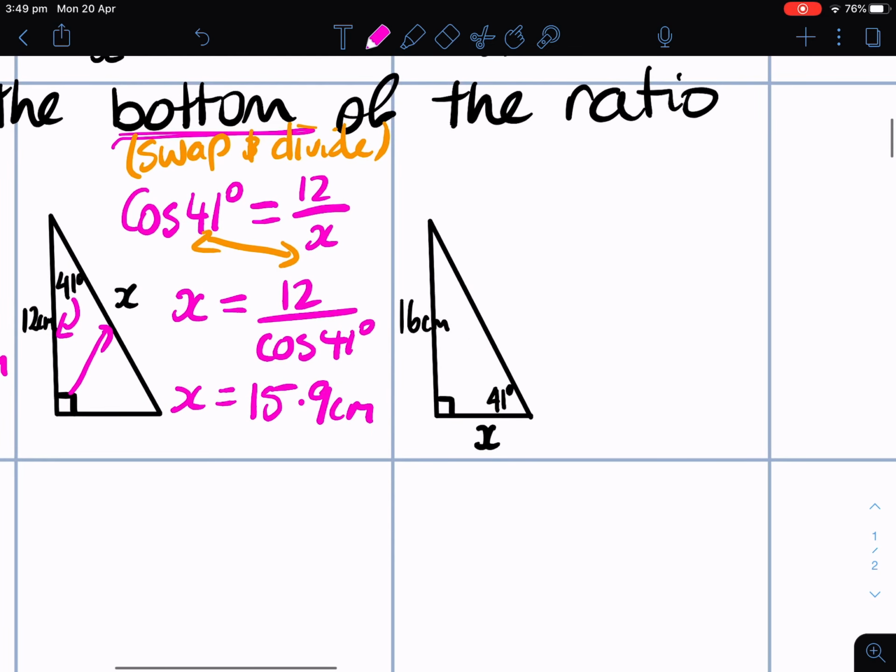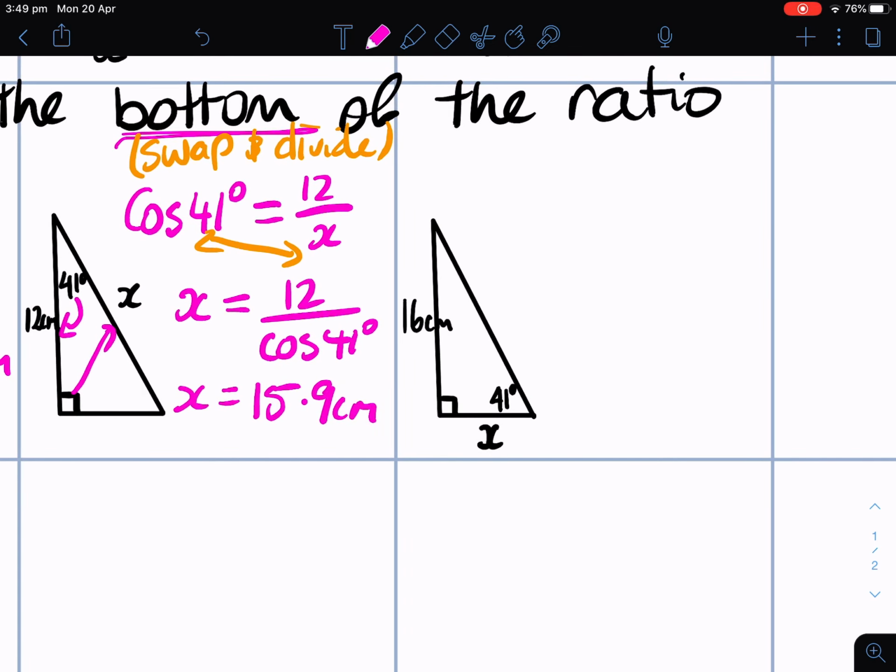Okay, last one. This one here, we have, as you can see, our opposite and our adjacent, which is going to mean we're going to use tan. So we're going to go tan of 41 degrees equals our opposite, which is 16, over our adjacent, which is our unknown of x. Again, the unknown is on the bottom, so we're going to swap.